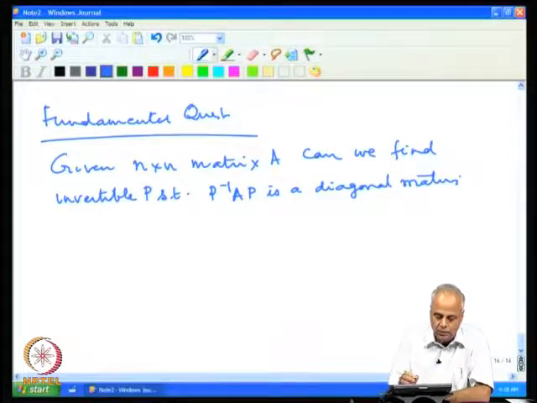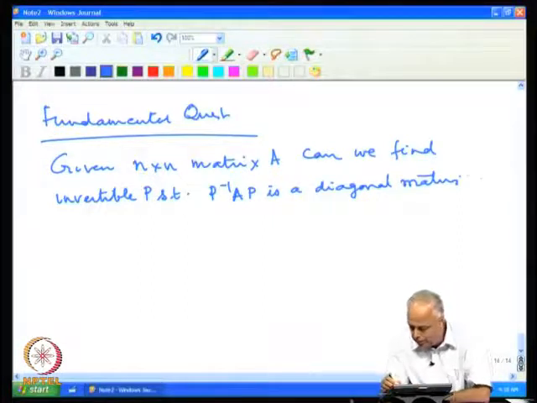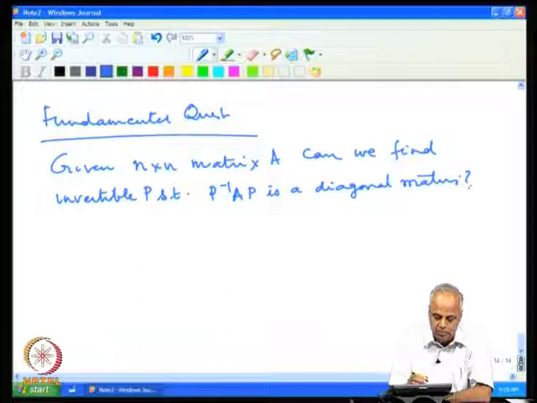The answer to this question is very complex, and this leads to a lot of very interesting canonical forms of matrices, and we shall be discussing all of them, at least several of them.